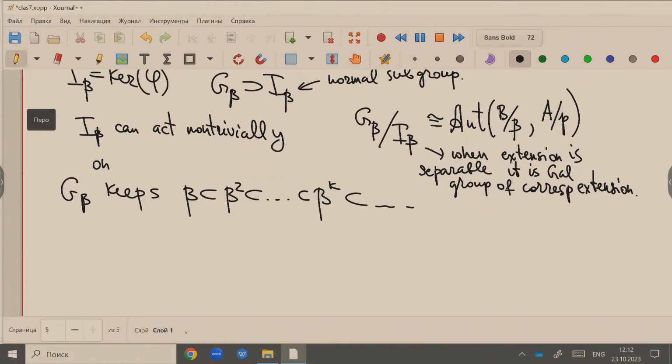Notice that in our case, when B is discrete, we can pass to the following.